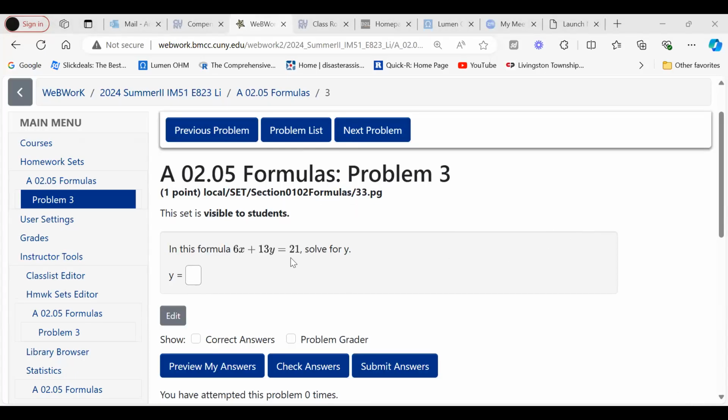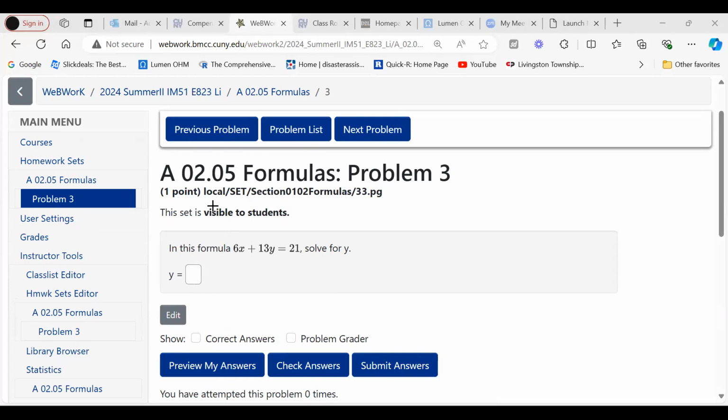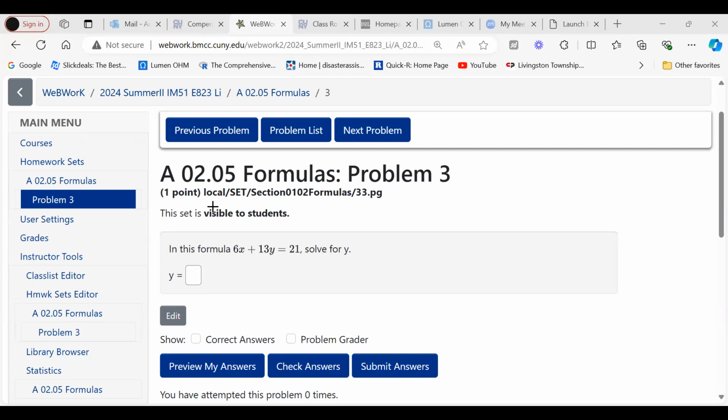So basically we are solving for y here, right? So let me quickly show you how to solve this. Anytime you want to solve for a certain variable, you basically just isolate the variable y. You get a y by itself, right?